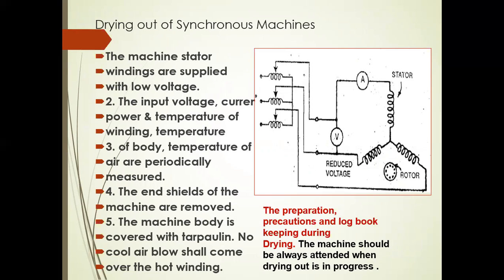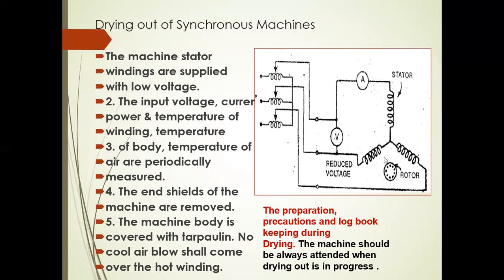So here the machine stator winding is supplied with low voltage. See here, it is a stator winding supplied with the low voltage, reduced voltage we are applying here. The input voltage, current, power, temperature of the winding, temperature of the body, temperature of the air are periodically measured. So we have the meters.